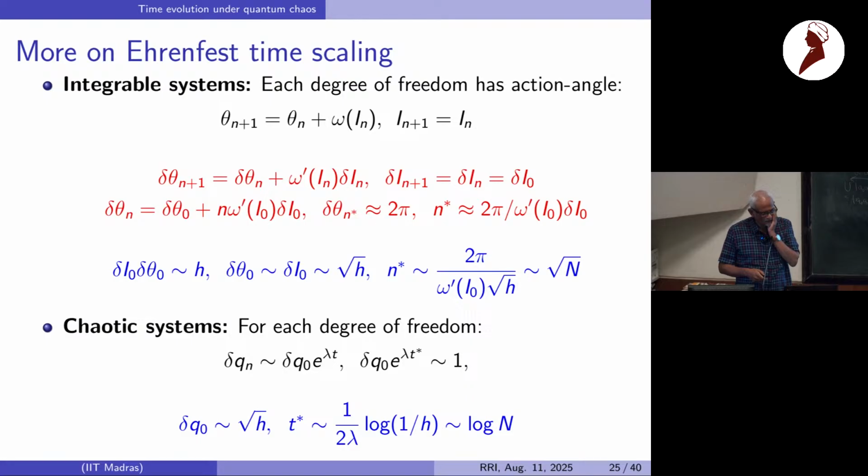By the way, there are some things which have been pointed out by people like Zurek: if you say that quantum mechanics is all that is, with no decoherence or open-system effects, the time scales we are talking about for chaotic systems are so short.